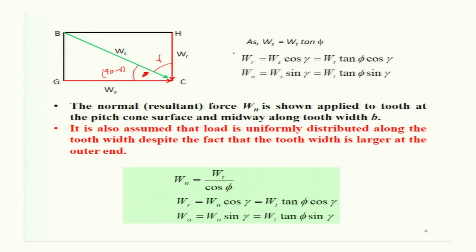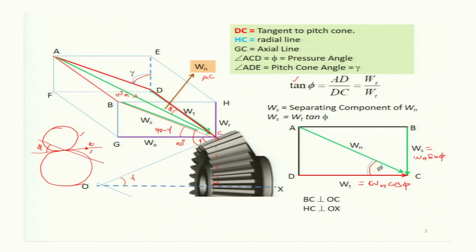So, the radial component is given by Ws cos gamma, and Ws is Wt tan phi, we have already obtained. This Wt is equal to Wn cos phi, and so Wn is equal to Wt divided by cos phi, and you can get this ratio as tan phi.